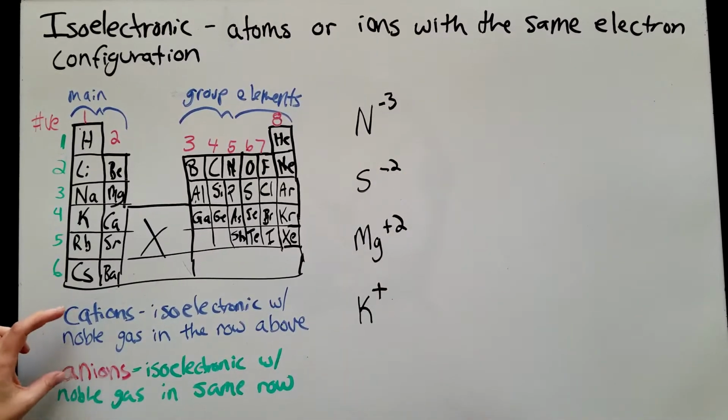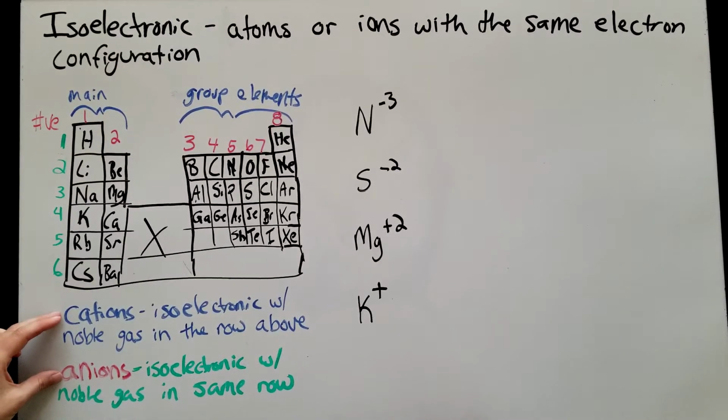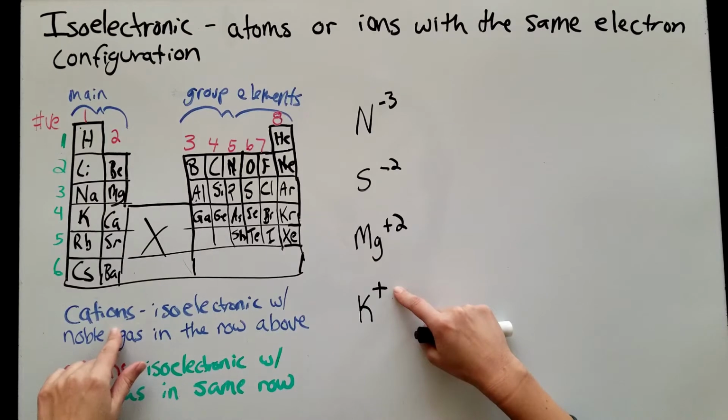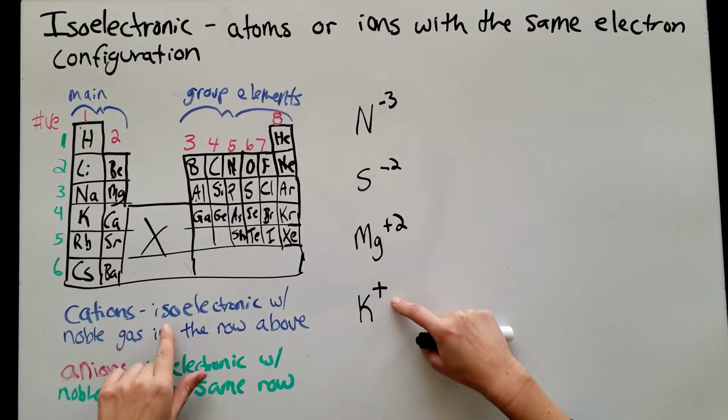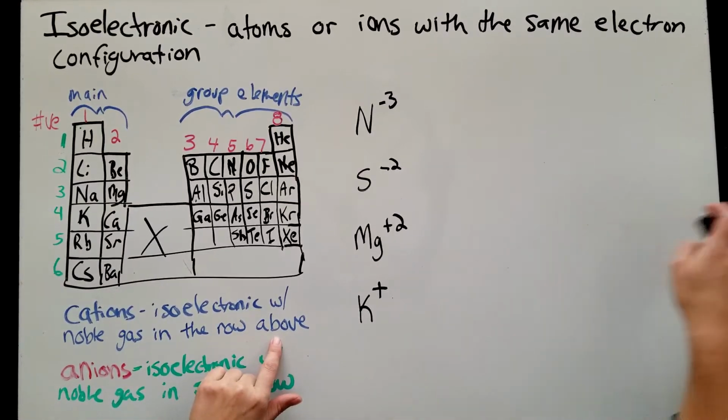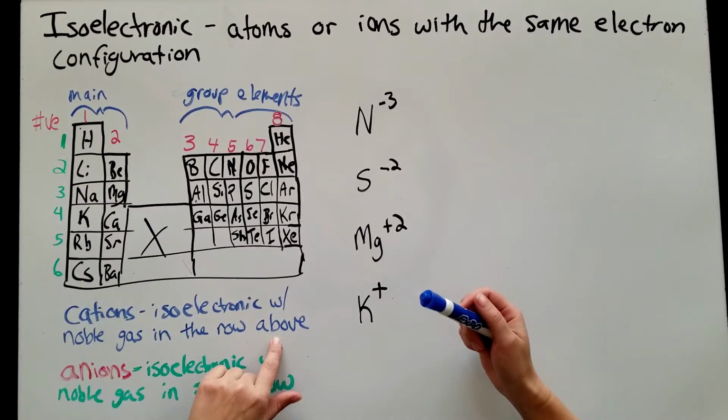If you can identify cation versus anion, you can figure out what noble gas they're isoelectronic with. When we're looking at cations, positive charges, these cations are going to be isoelectronic with the noble gas in the row above them. What does that mean? It's easiest to explain with an example.